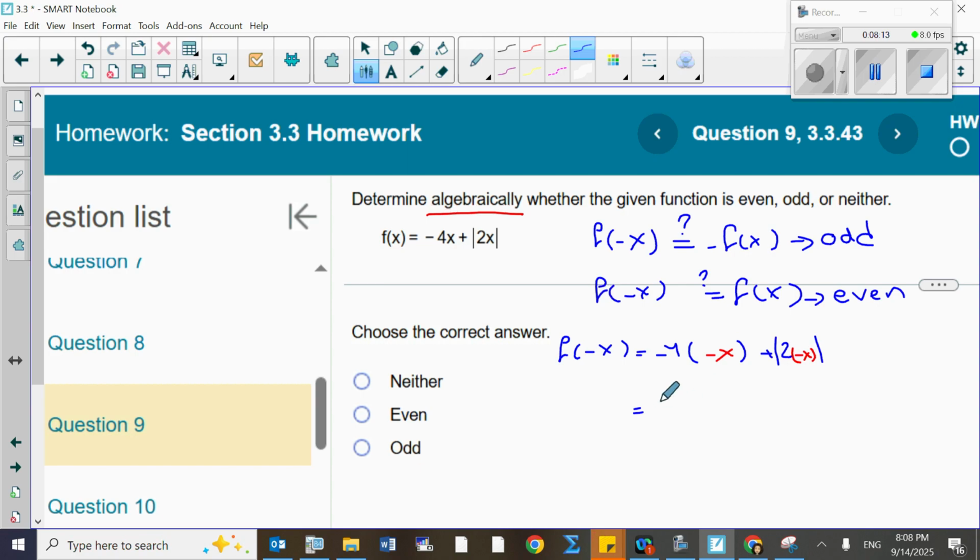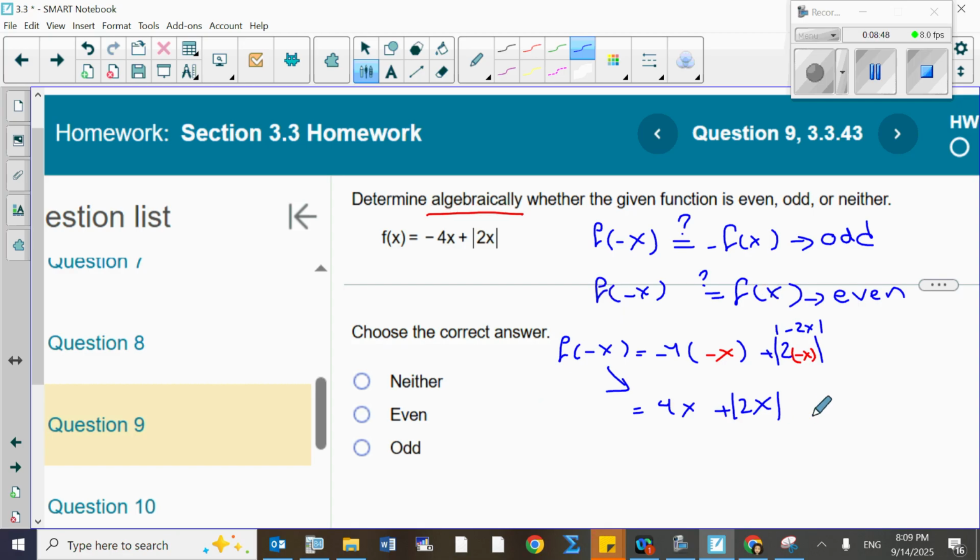Negative 4 times negative x makes it 4x. Next, negative 2 times negative x is negative 2x. However, the absolute value of that will make it positive 2x. I'm going to put the absolute value bars here as well. We know that the absolute value of negative 2x is basically just the absolute value of 2x, because absolute value makes everything positive. So this is my final function now.